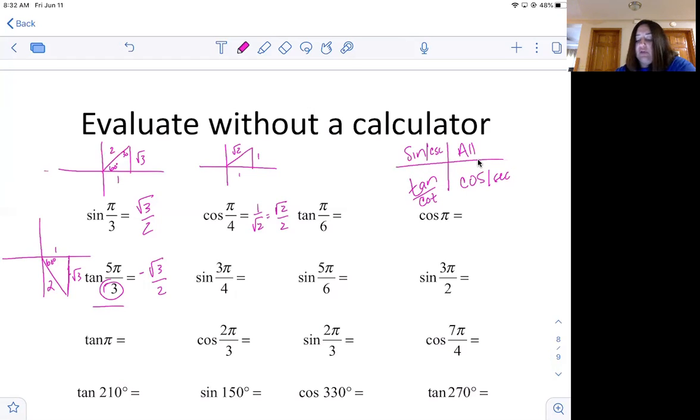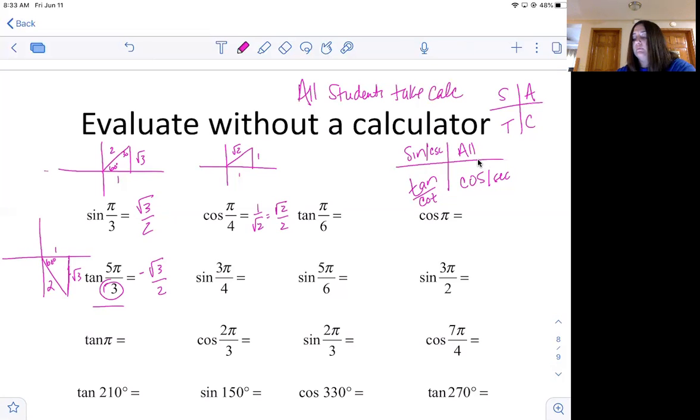So if you're looking at tangent in the fourth quadrant, it's not cosine, it's not secant, so it has to have a negative answer. Now, the way I have my students remember this is all students take calc. Okay, all functions are positive, sine's positive, tangent's positive, cosine's positive. So all students take calc. So just another thing to remember.